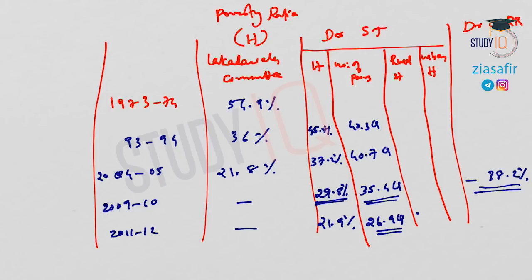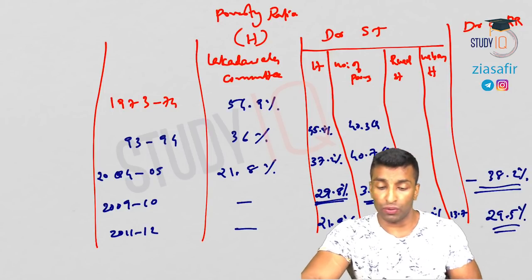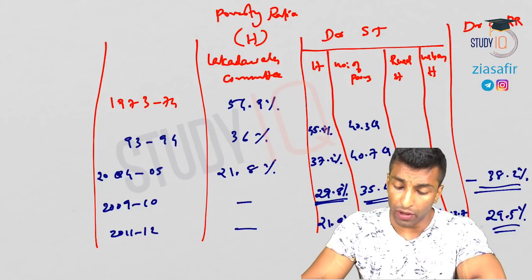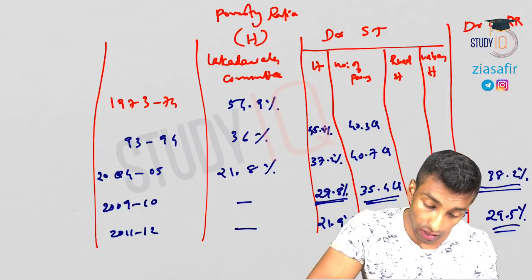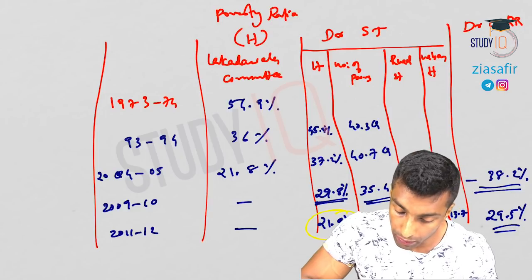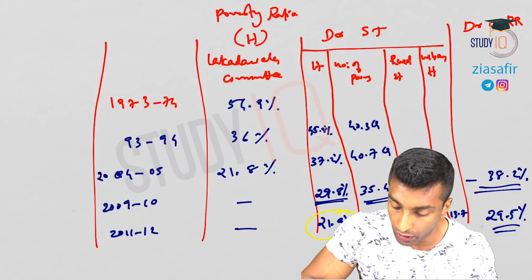There's 25.7% in rural and 26.7 in urban. You can remember those values also. Then 29.5%. It is very difficult to remember all those things. I don't want you to remember. What is required is this 21.9, that is 22%, as I have already told you.